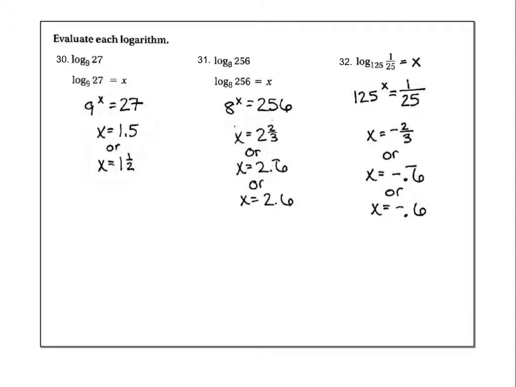The biggest thing here on number 32 is since the base was turning into a fraction, we knew it had to have a negative. Okay, so hopefully at least it had a negative there. The fractions or decimals I know are a bit harder than what we covered. But again, if you could also do the warm-up today, then you're probably doing pretty good.